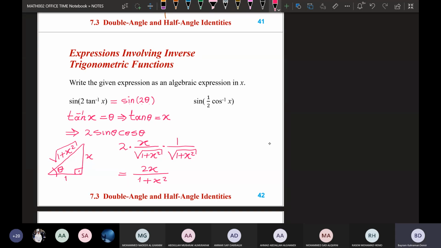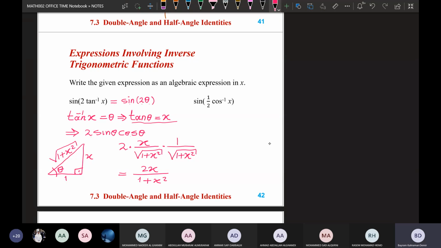And now sine of 2 theta is 2 times sine theta cosine theta. So if I know tangent theta is x, and by the triangle I have x as opposite, one is the adjacent here. So you can calculate sine and cosine theta from the triangle, Shabab. Because you know tangent of theta is x, so you can find the other functions.